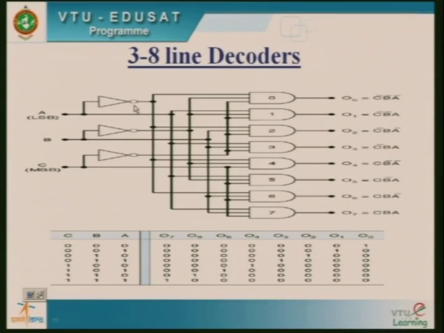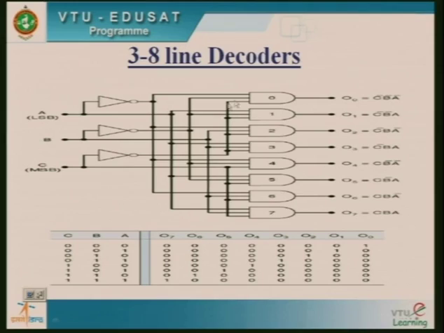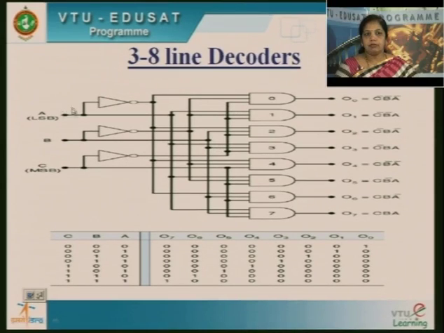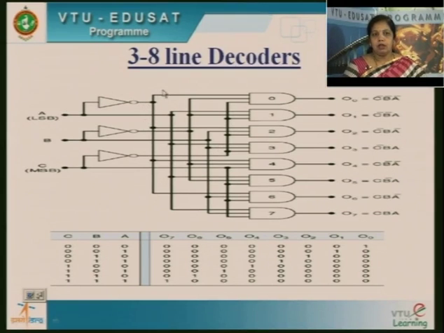You can just see here, LSB A, complement of A bar, A is A complement, so it is connected here, B complement is connected here, C complement is connected to this gate. Whenever I give 0, 0, 0, complement of this is 1, 1, 1, all 3 ones are connected to the input of the first AND gate.